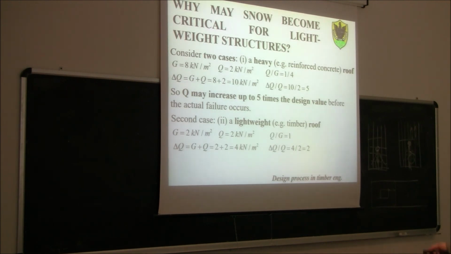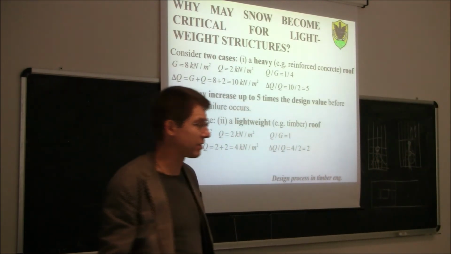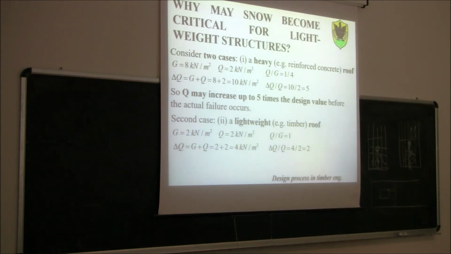Okay? This should clarify why lightweight structures are much more sensitive to any increase of the variable actions with respect to the design limit. While instead, heavy structures are not much sensitive to this. Okay? Clear?